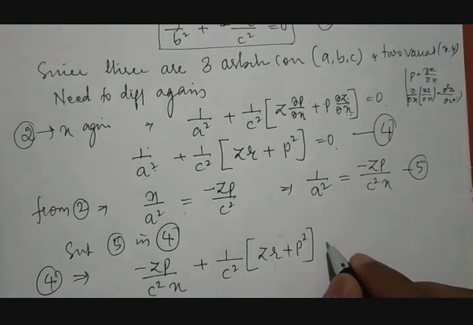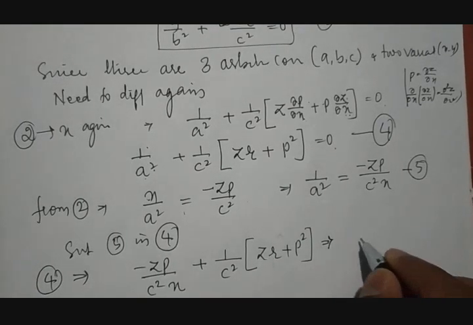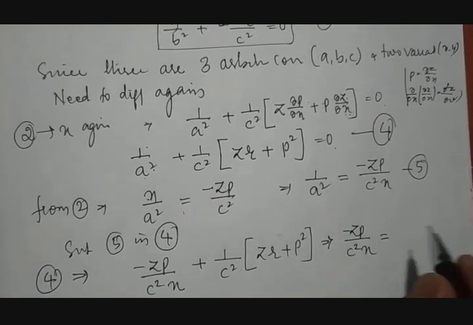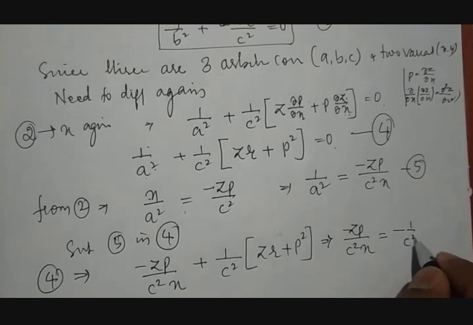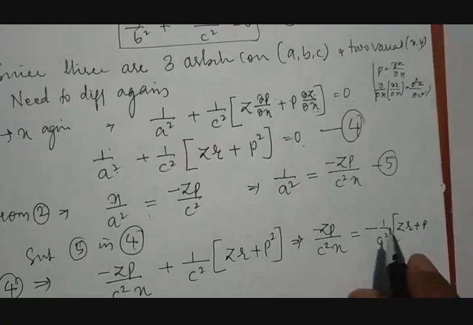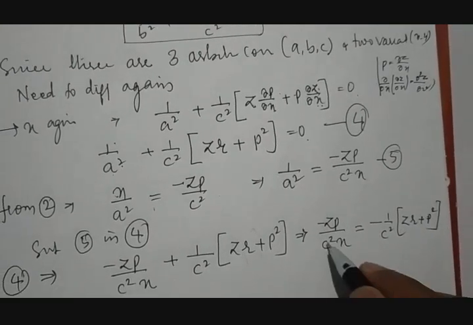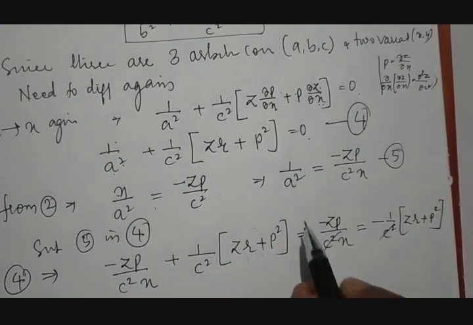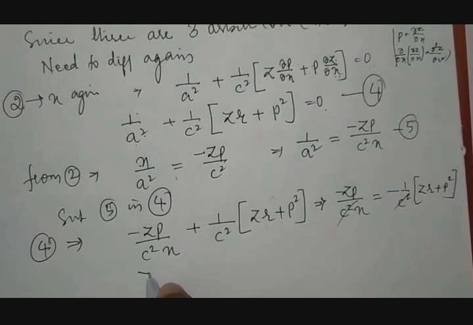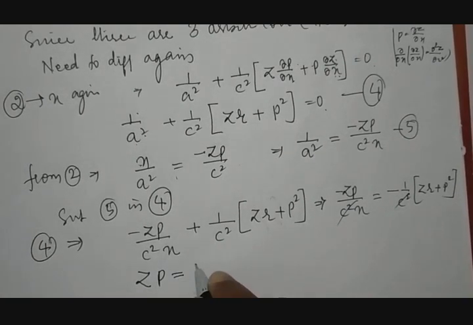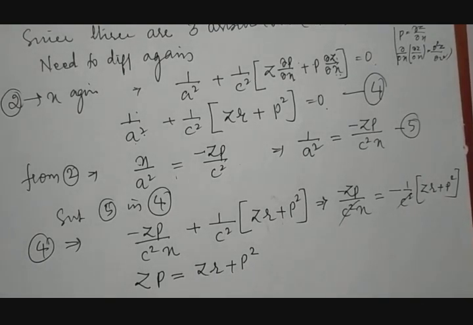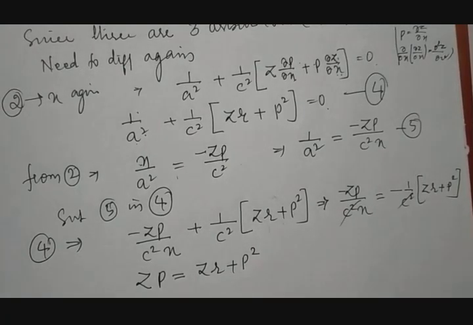Or else the same equation can be written as minus zp divided by c square x is equal to, this term goes to the other end, then it becomes minus 1 by c square into zr plus p square. Then my c square gets cancelled and minus is balanced. Therefore it becomes zp is equal to zr plus p square.